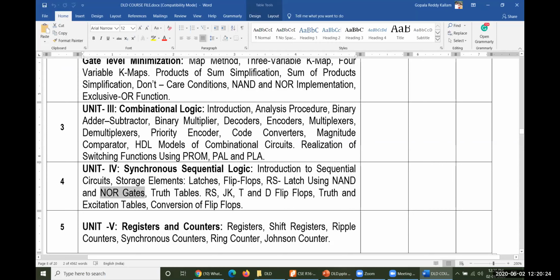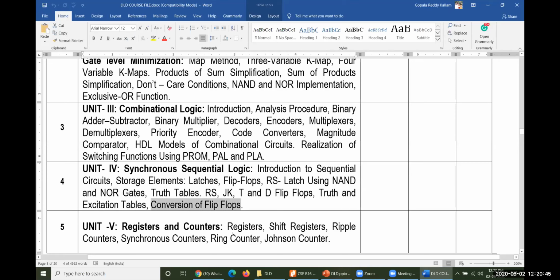For everything, RS, JK, T, D flip-flops, we have discussed truth tables, and also excitation tables. Conversion of flip-flops we are not supposed to discuss at this moment. I will discuss this at the end of unit number 5.